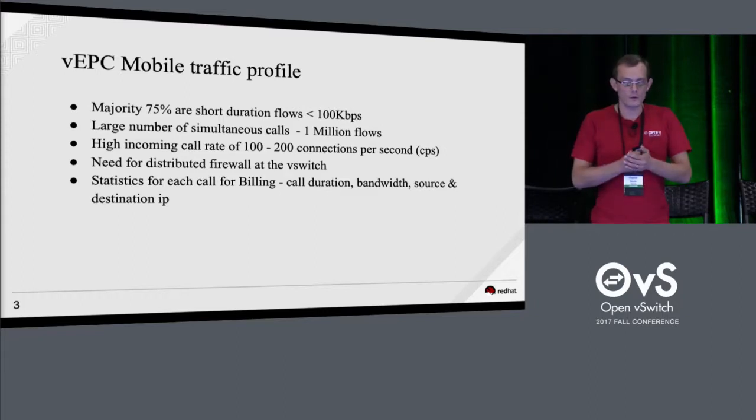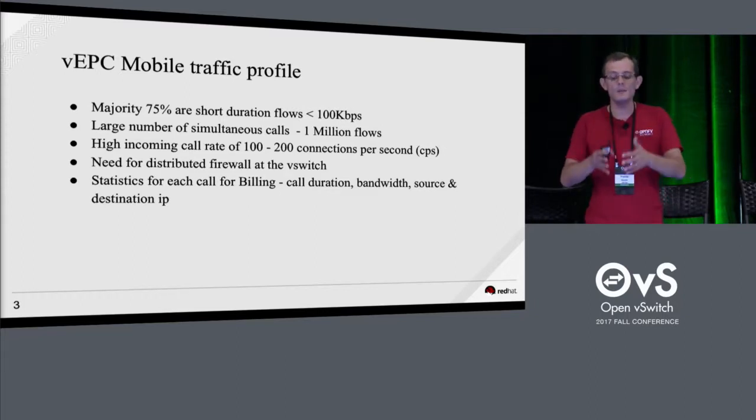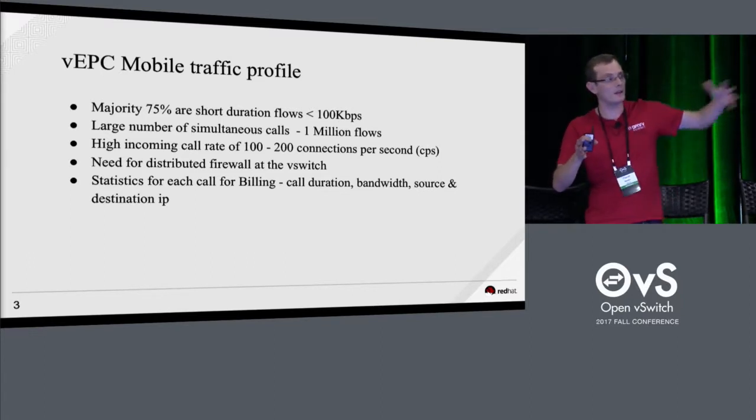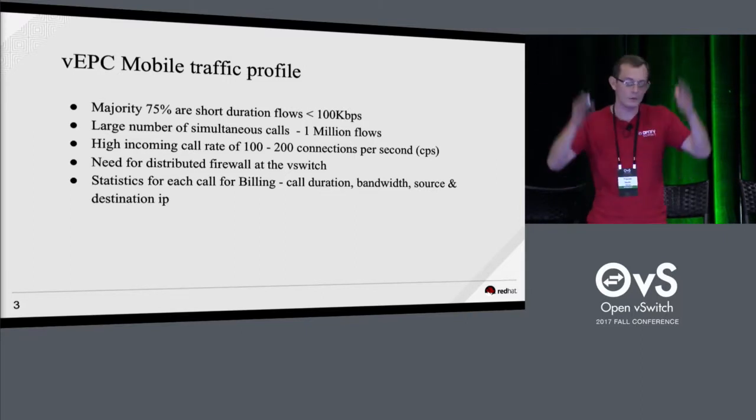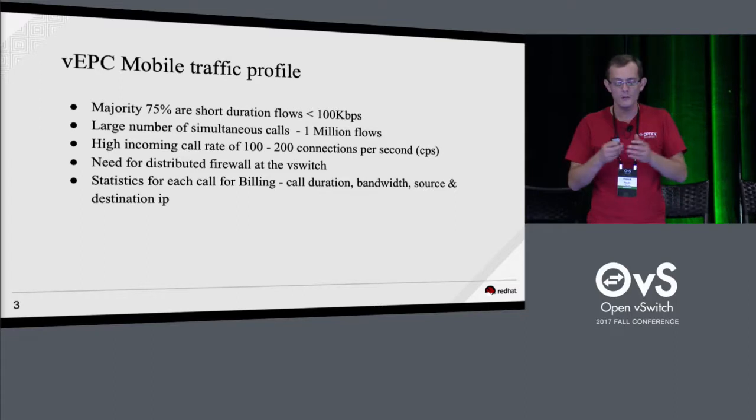Within this infrastructure, we are looking at the EPC mobile traffic profile. The EPC is the part of the network right behind the antenna, so between the antennas and the internet, to make it simple. You see all of the traffic of the user coming. The majority of the traffic is short duration flows, but you have a lot of them in parallel, like millions of flows.